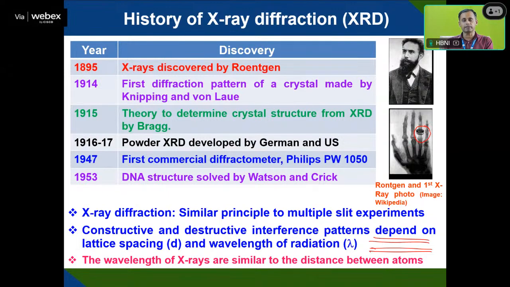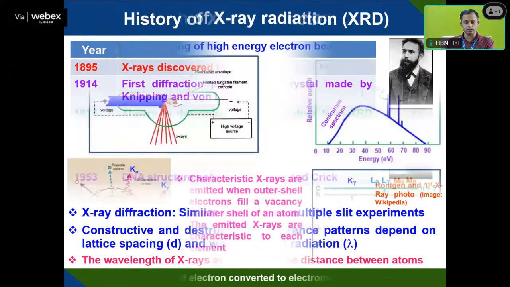The wavelength of the X-ray is similar to the distance between the atoms. If you see the diffraction planes, they are at angstrom level differences. For example, copper K alpha is 1.54 angstrom, molybdenum is 0.7 angstrom. These are interplanar distances of about 1.5 angstrom. So we are using a wavelength almost equivalent to that of a lattice plane to find out the crystal structure.